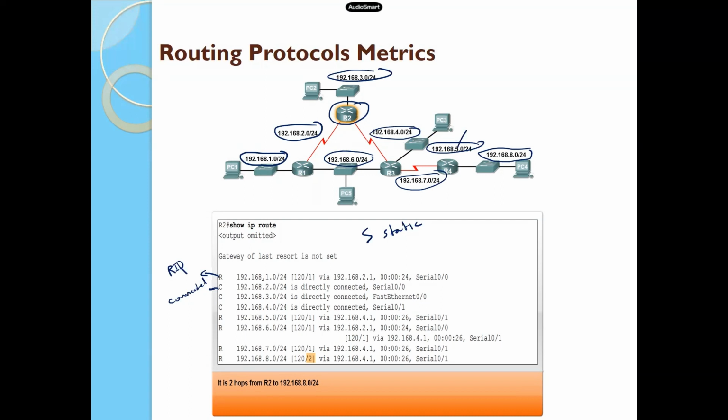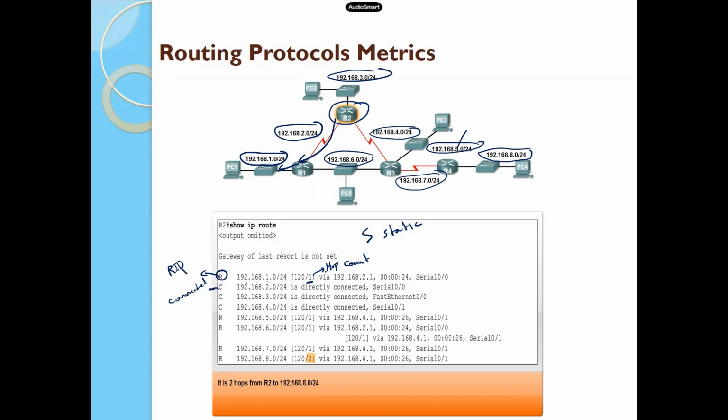Let's look at the first one, 192.168.1.0. How many hops, or how many routers, do I need to pass to reach there? That's 1, and there you go. The switch doesn't count. This value here is the hop count. So how do we see the hop count? First of all, make sure it's R, that is an RIP protocol.